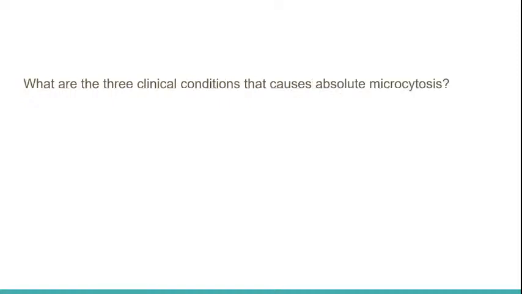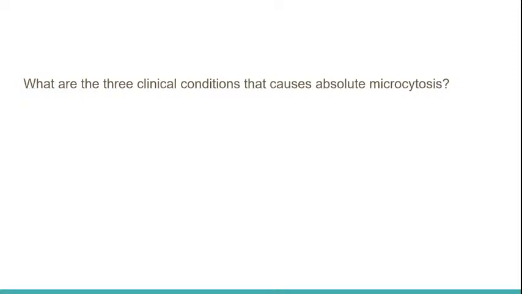Now, there are 3 clinical conditions that cause absolute microcytosis. When we say absolute microcytosis, most of the cells, or 90% of the cells, are microcytes, meaning they're small, less than 6 to 7 micrometers.